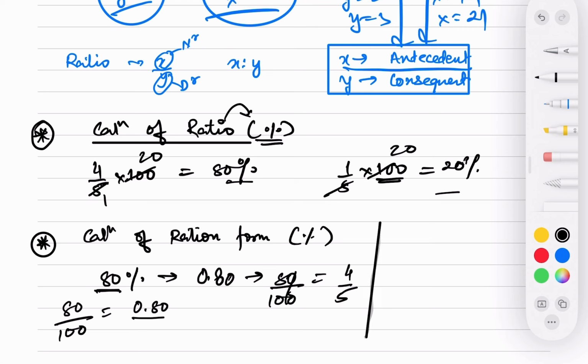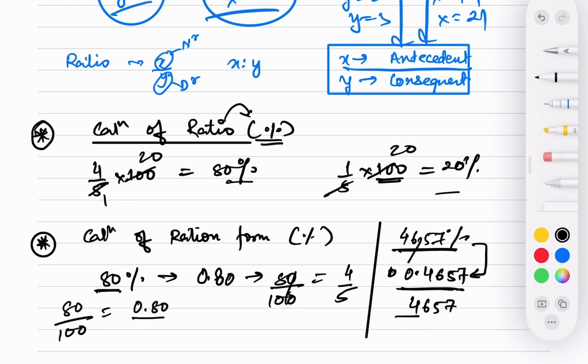Or let's say you want me to give a good question, 46.57%. Let's say you want to solve this. So what will we do? We know that we have to shift it to the unitary method. So 0.4657 is the decimal value of this percentage, correct? Now you know that it is 4657 divided by 10,000. Just simplify it, so now that becomes a challenge for you, right?